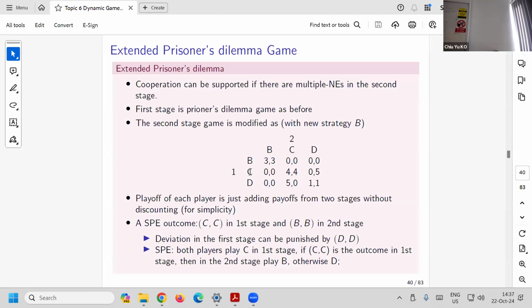How? That is what we call carrot and stick. So if someone deviates in the first stage, getting 5, they can be punished: I will go to 1. If you are not short-sighted, I give you 3.